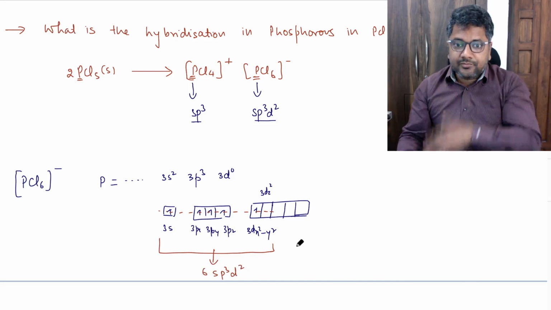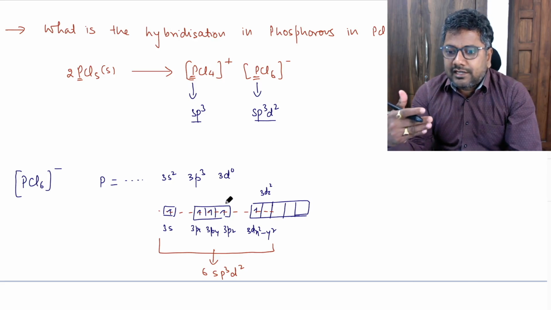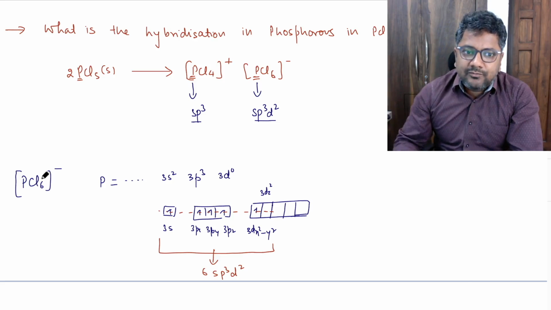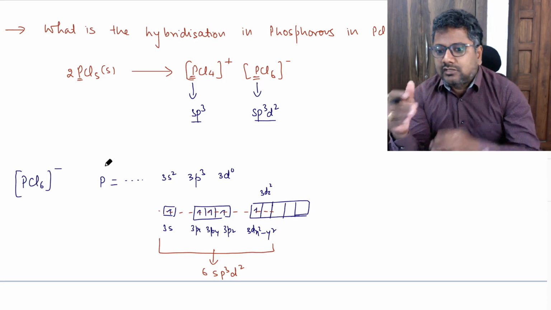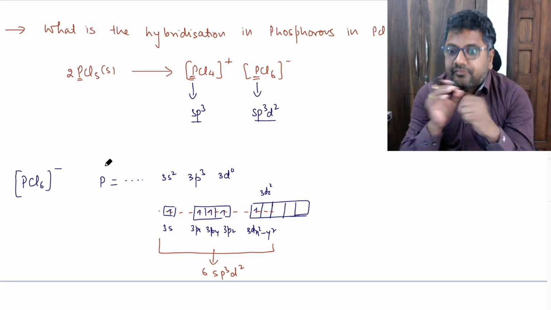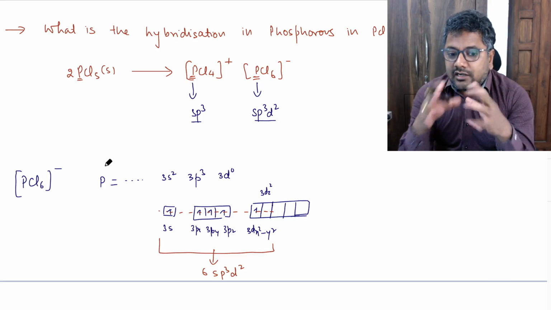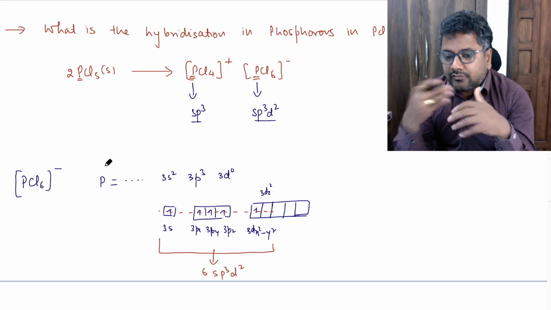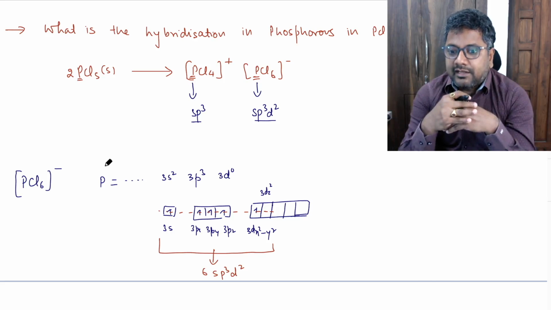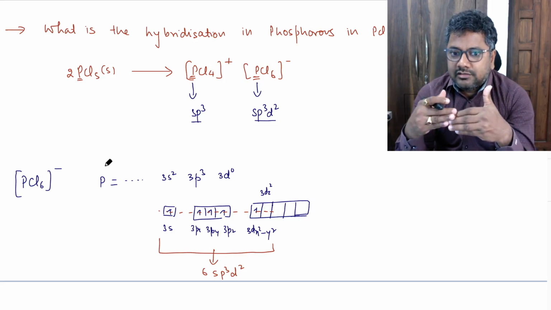So there is a difference in the bonding. See, 5 chlorines will bond with a covalent bond, overlapping type of bonding, normal covalent bond, but 1 chlorine should bond through a coordinate bond, means both the electron pair is provided by chlorine. So this is the difference. All six bonds are not equivalent, means all are not formed by the same type of overlapping. One bond is formed by the coordinate bond, right?